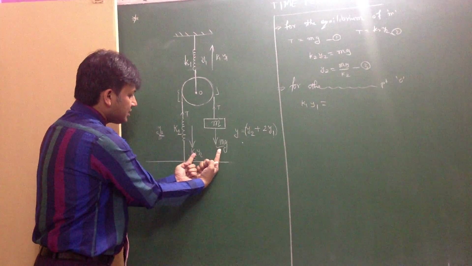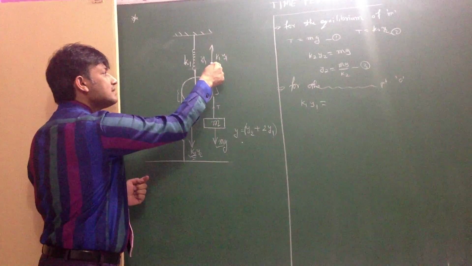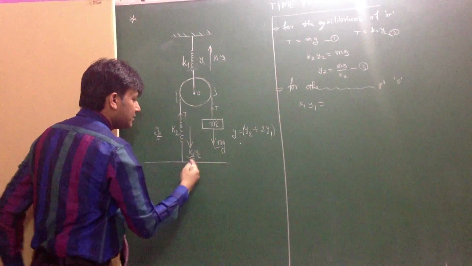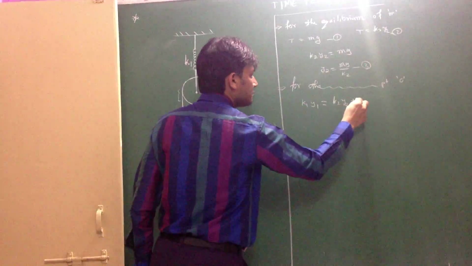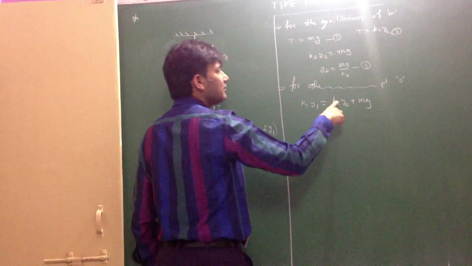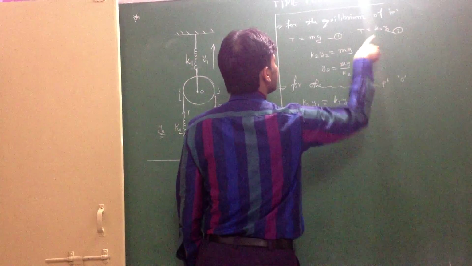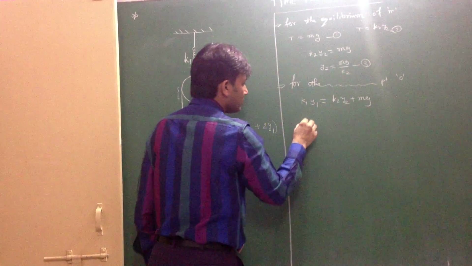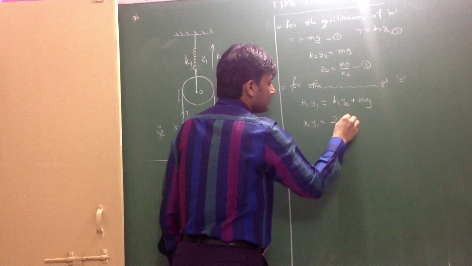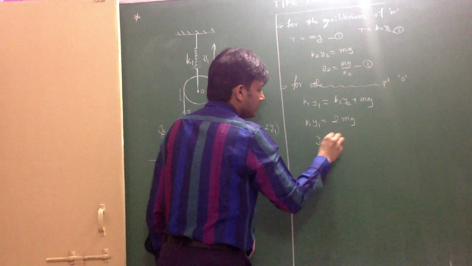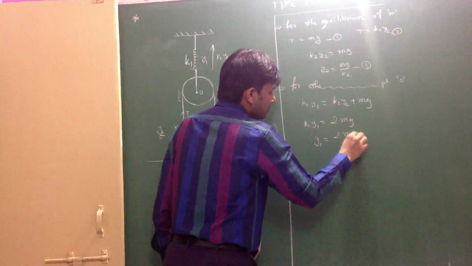So the sum of these two must be balancing this. So let me write the sum of these two: K2y2 plus mg. But you know that K2y2 is equal to mg. So K1y1 is equal to mg plus mg, that is 2mg. So I will get y1 is equal to 2mg by K1.